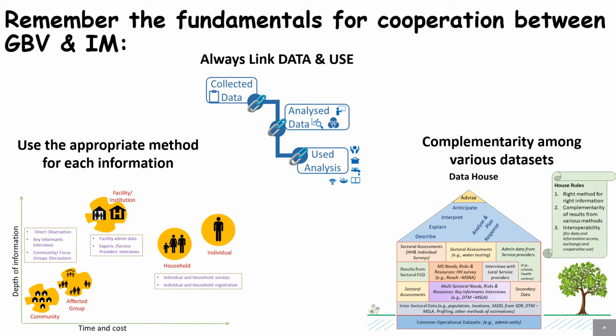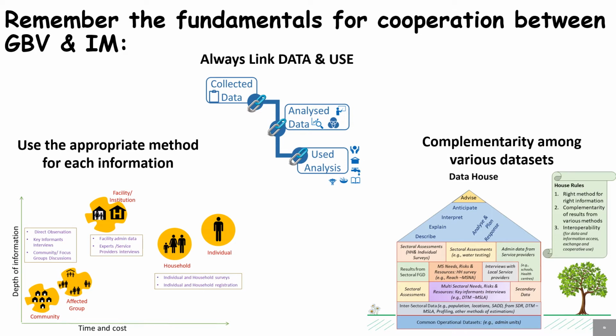Other fundamental principles for cooperation between gender-based violence and information management colleagues are that each piece of information will be collected through the appropriate method and by the appropriate actor. GBV actors have a variety of information at their disposal, and so does DTM, and this information could be useful for analysis and response planning.